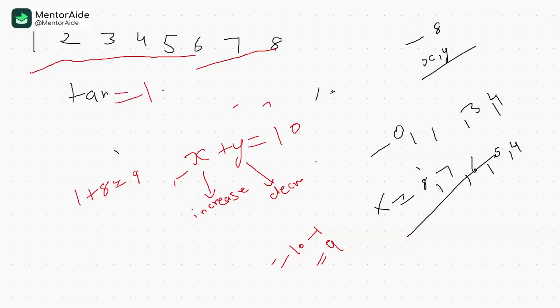It is 10. Now my question is, is 9 lesser than 10 or greater than 10? Lesser than 10. So to increase the 9 to 10, what we need to do? We need to increase the value of one of these numbers. Either we need to increase 1 or we need to increase 8.